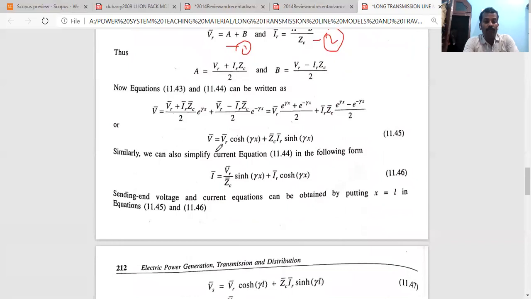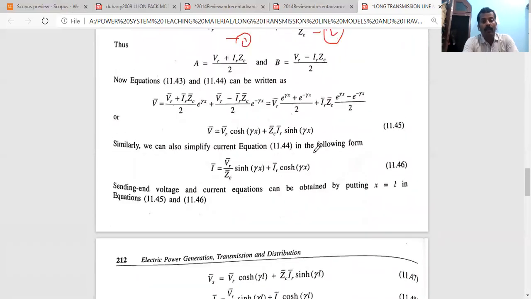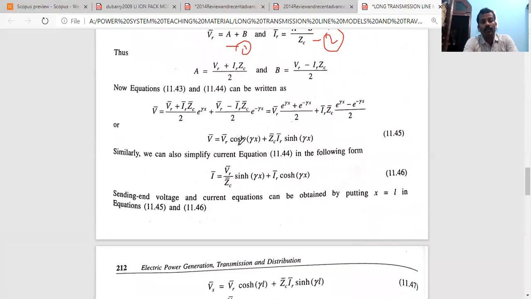V will be equal to VR cos hyperbolic gamma x plus IR ZC sin hyperbolic gamma x. Why? Cos hyperbolic gamma x is equal to e to the power gamma x plus e to the power minus gamma x by 2.